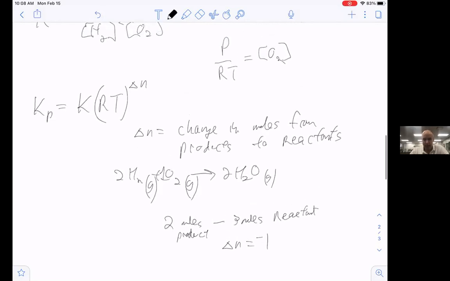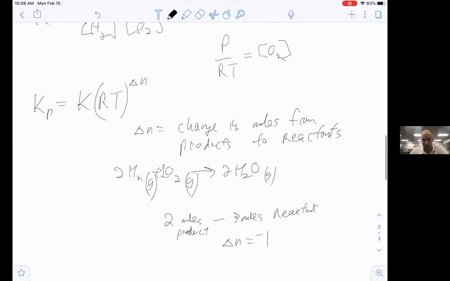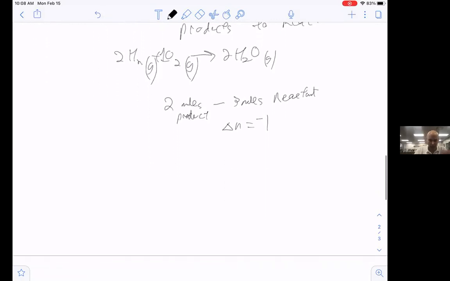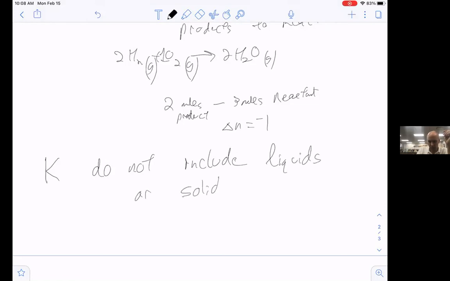Now, one last thing to include about K, and the same thing with Kp, we do not include liquids or solids in the equilibrium expression.